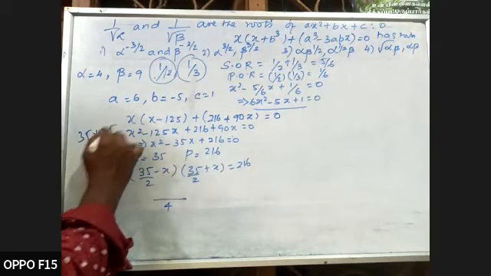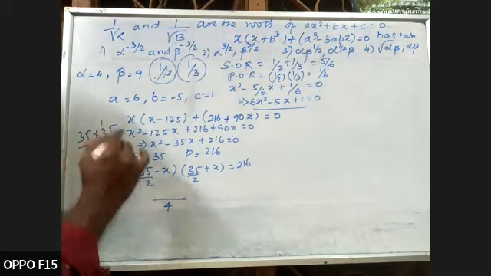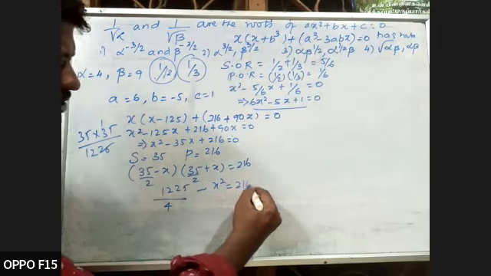35 into 35, simple multiplication: 25 and 3 plus one carry, 4, 4 3s are 125. So 1225 by 4 minus x square equals to 216.